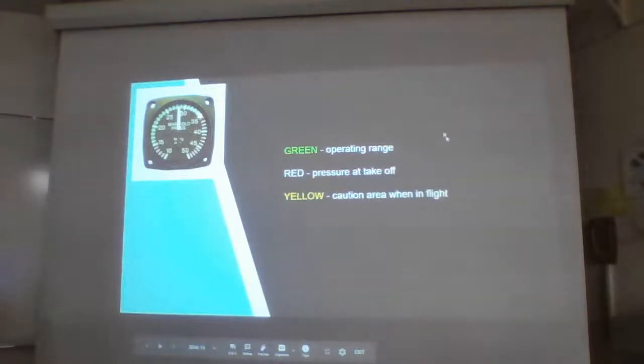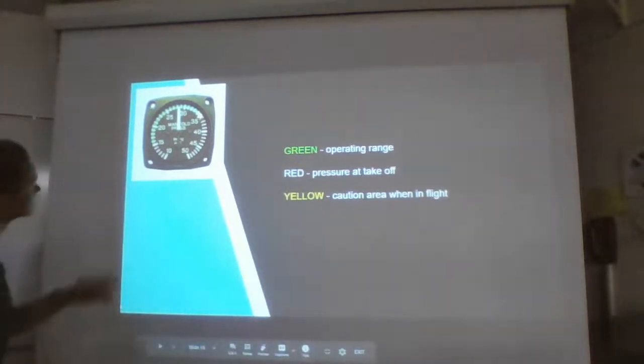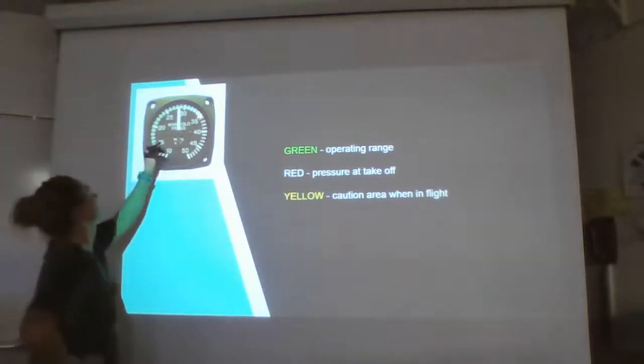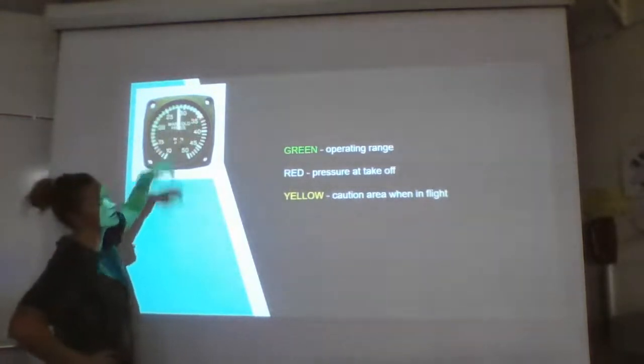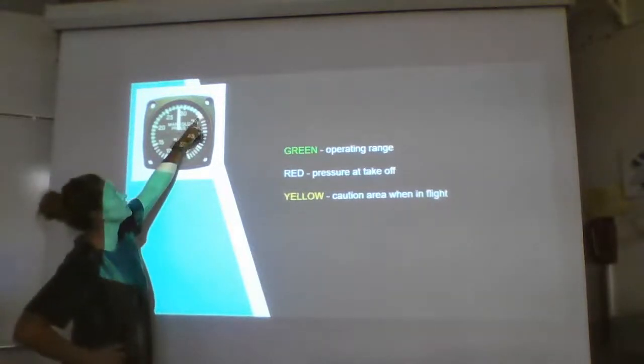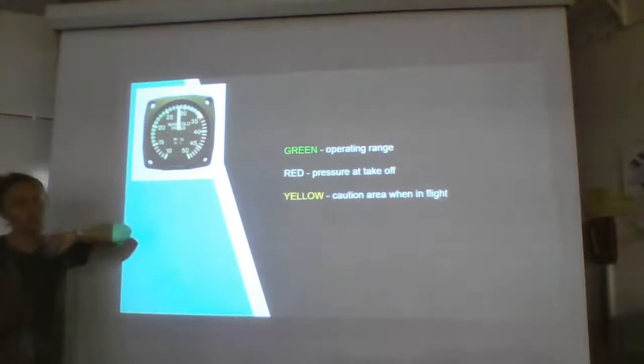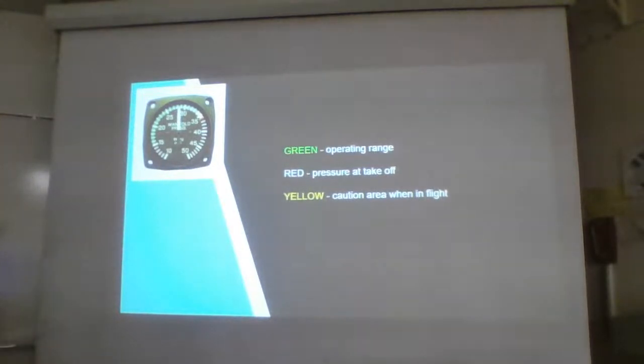Okay, so here's another manifold pressure gauge, one that people are probably a little more familiar with. At least the markings are similar to the engine oil pressure gauge. We have this large green marking area, a small yellow marked area, and our red line, which in a manifold pressure gauge means what the pressure should be at takeoff.